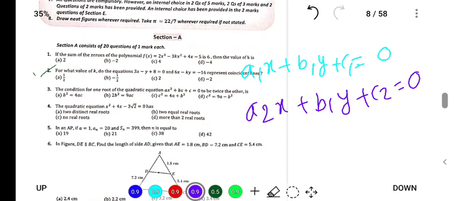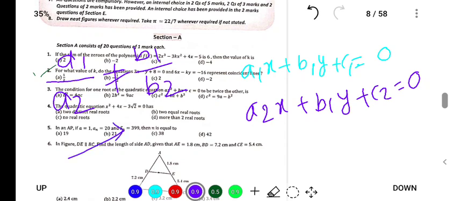What is the formula for the two lines to intersect? If a1 upon a2 is not equal to b1 upon b2, then the two lines will intersect. To get intersecting lines, the condition is a1 upon a2 not equal to b1 upon b2.